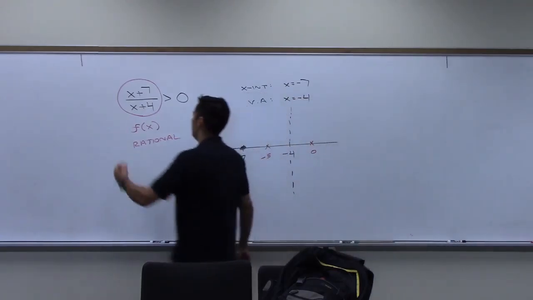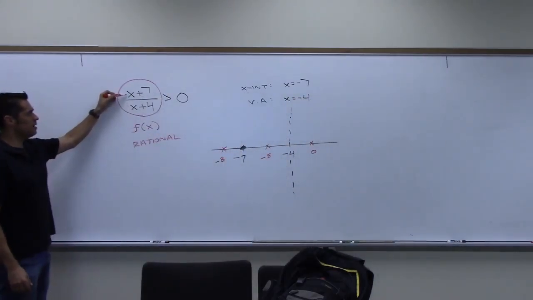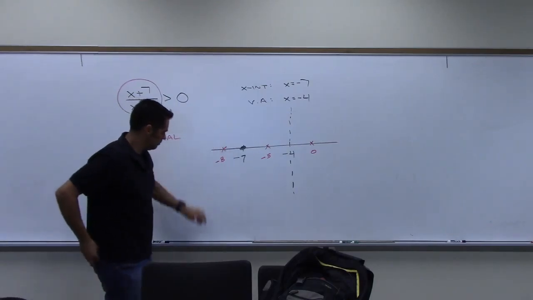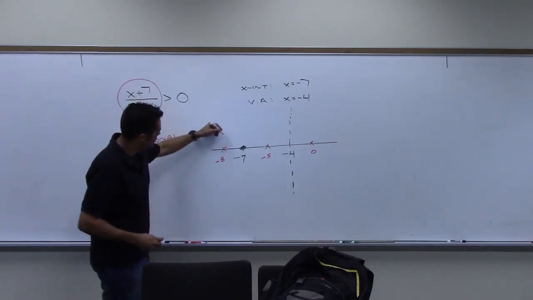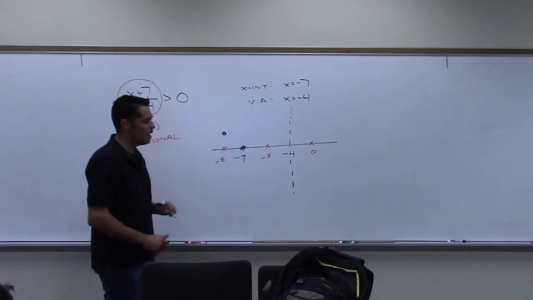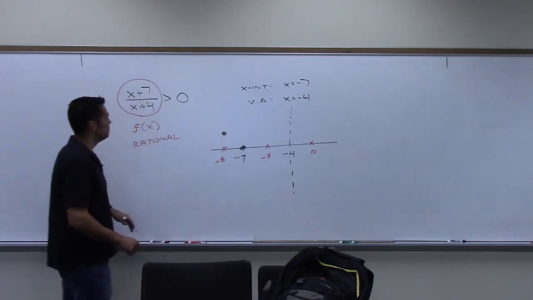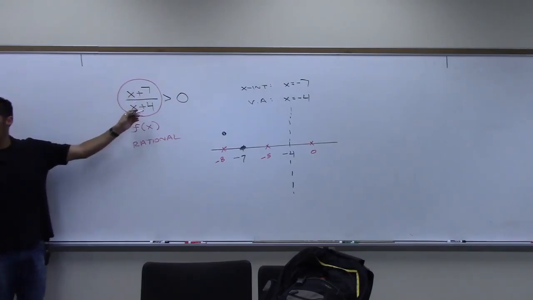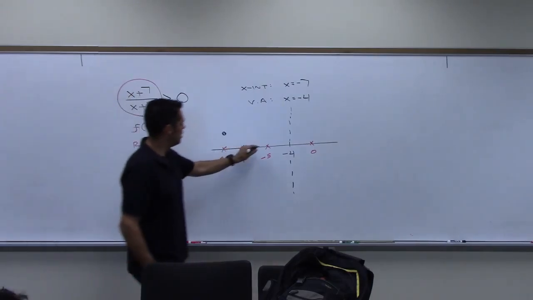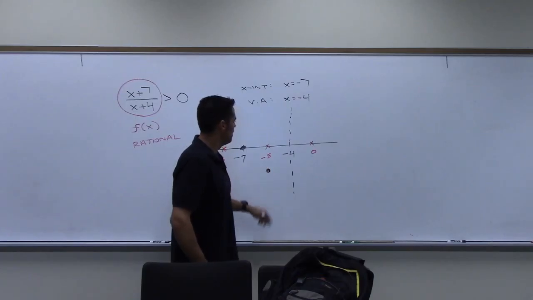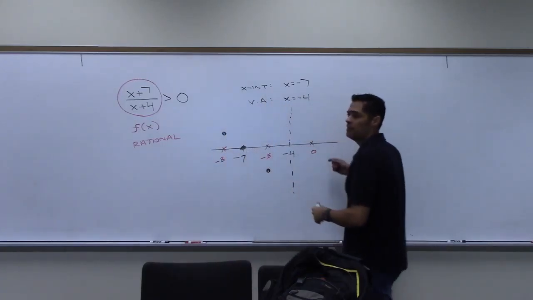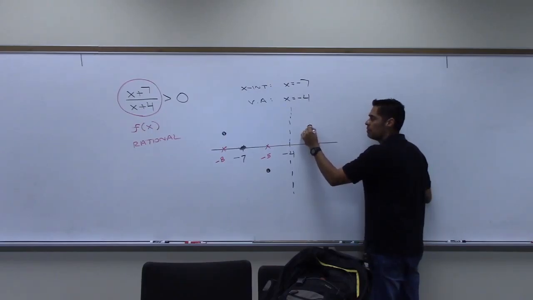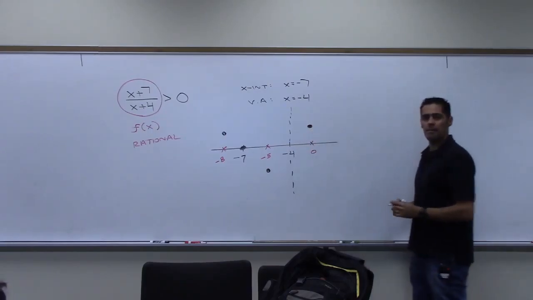This should be pretty quick. -8 here: negative on top, negative on bottom, positive, greater than 0. Then -5: positive over negative, which is negative, so it's below. And then 0, you get positive over positive, positive. Positive over 4. We okay with that?